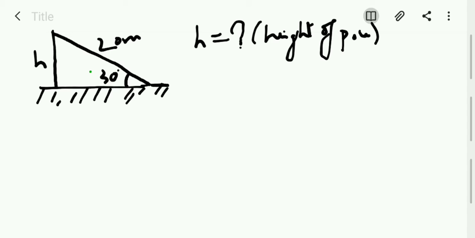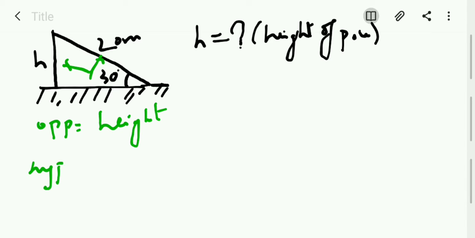There is an opposite side and there is a hypotenuse. So the opposite is nothing but the height of the pole, and the hypotenuse is nothing but the length of the rope.